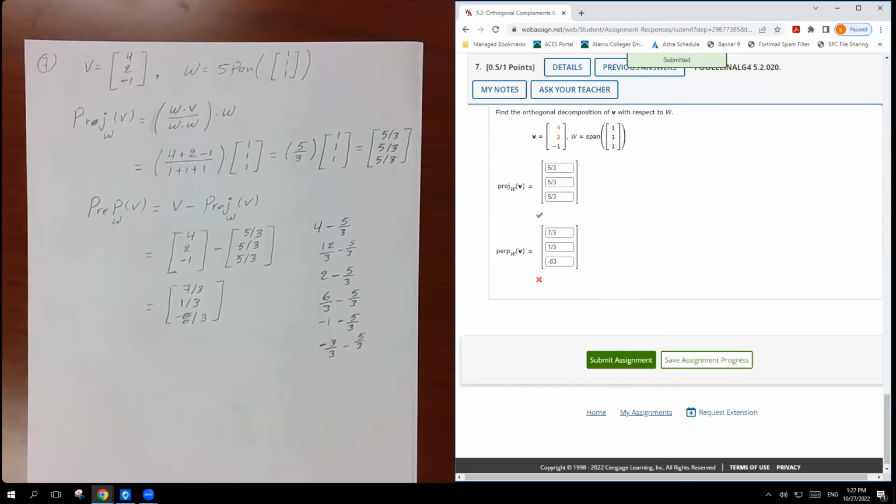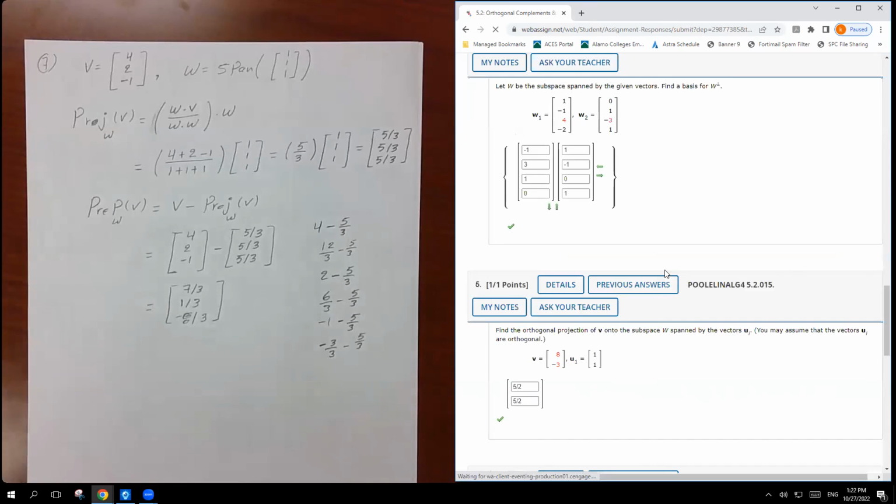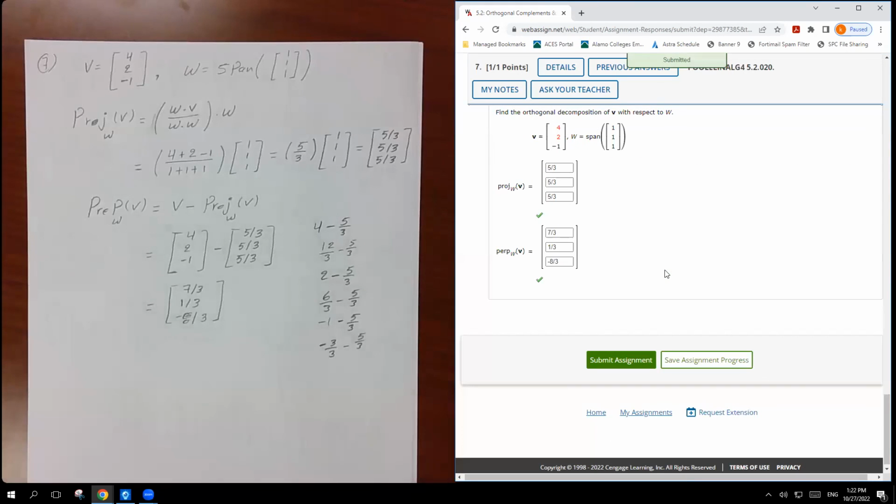Let's see what was the wrong thing. I didn't put here division. That's it for this section.